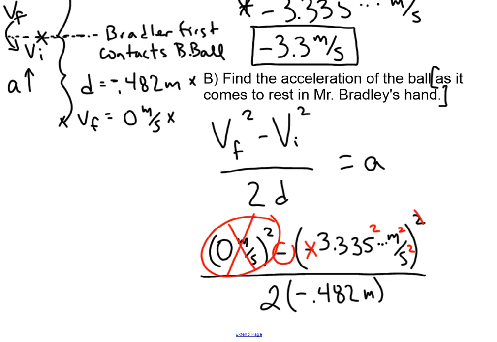This negative is still there. It does not get canceled just because Vi is squared. However, it does get canceled with the negative in the distance because we're going to divide a negative number by another negative number, which gives us a positive. So the negatives all end up canceling out, and we end up with a positive acceleration as we reasoned to start.